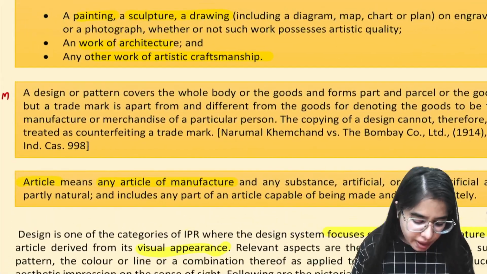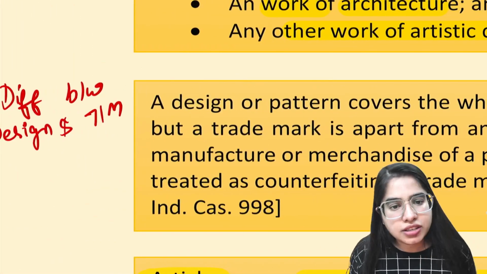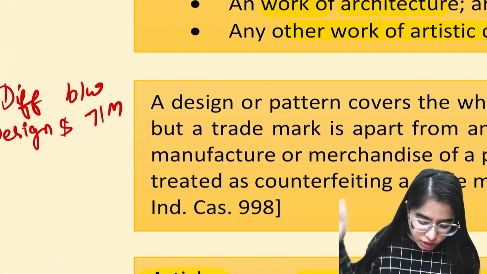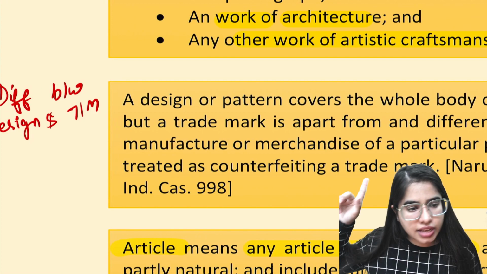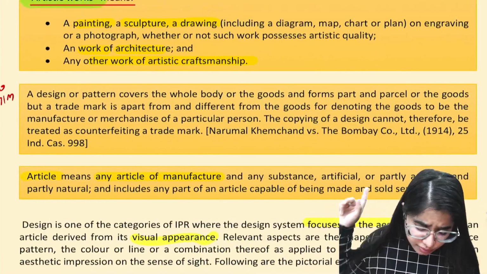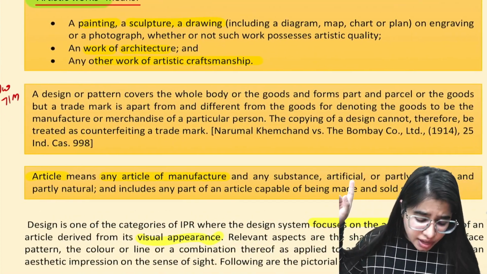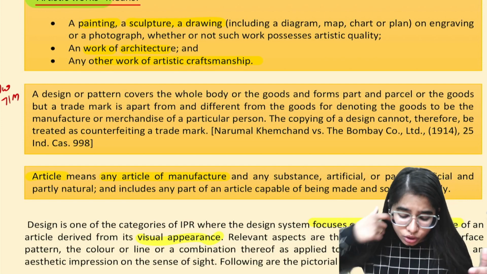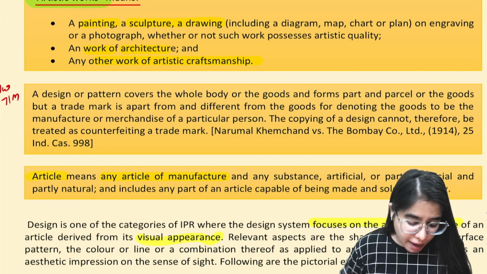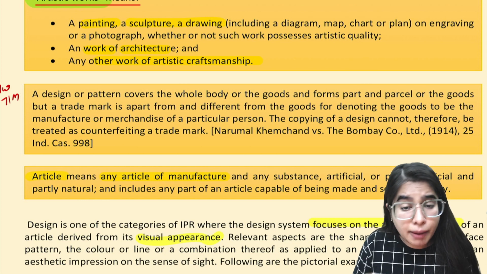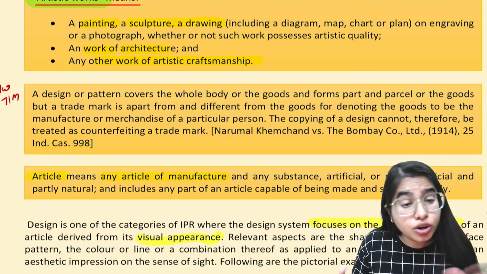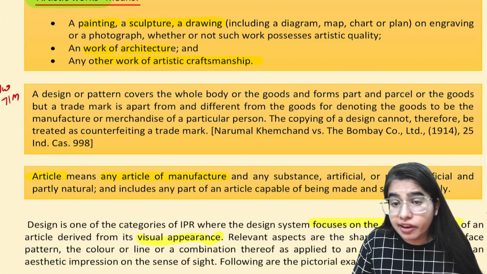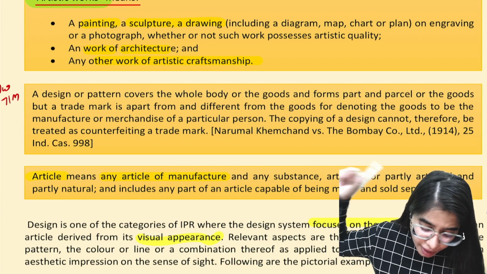Now in this paragraph, the difference between design and trademark is given, which I have already explained to you. It says that design or pattern covers the whole body of the goods or the formal part of the goods. Designs are the part of the goods.